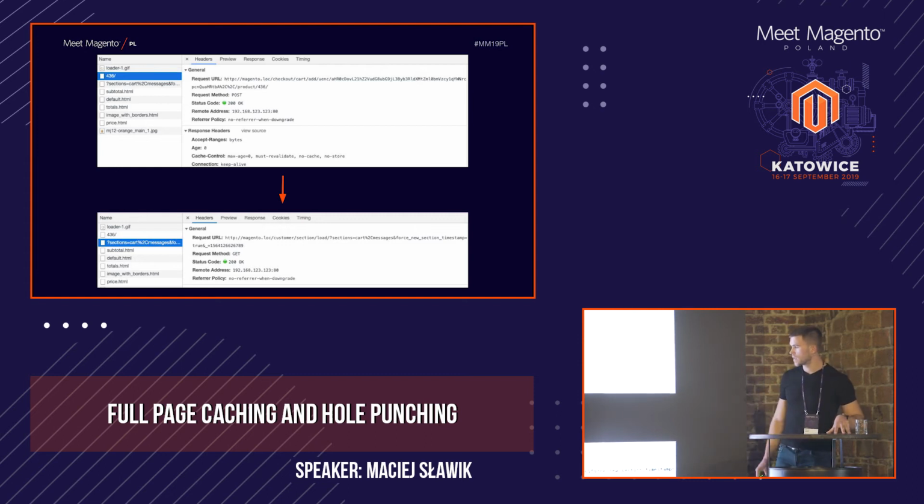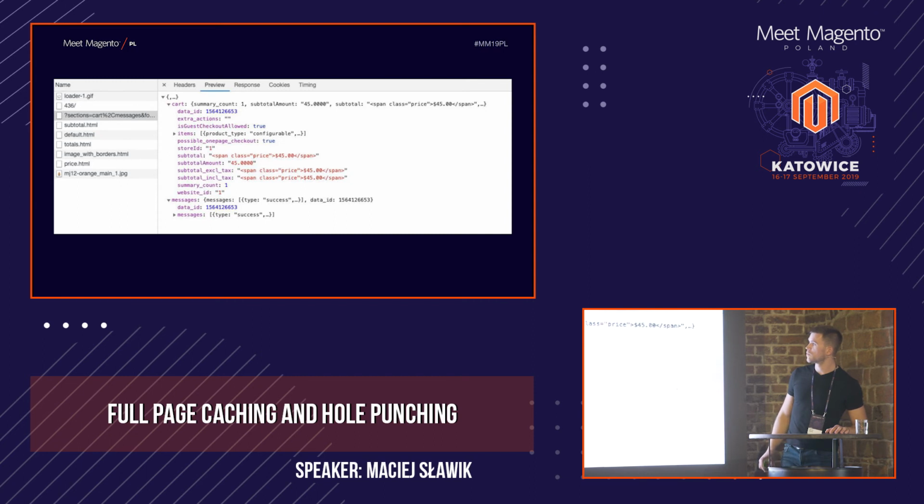The second request is sent automatically by the customer sections.js library, and it says that two sections should be updated when the checkout cart add request was made. Those are the messages and cart sections. And the customer sections library knows that those two sections should be updated because in those two modules, those sections were added for this controller.